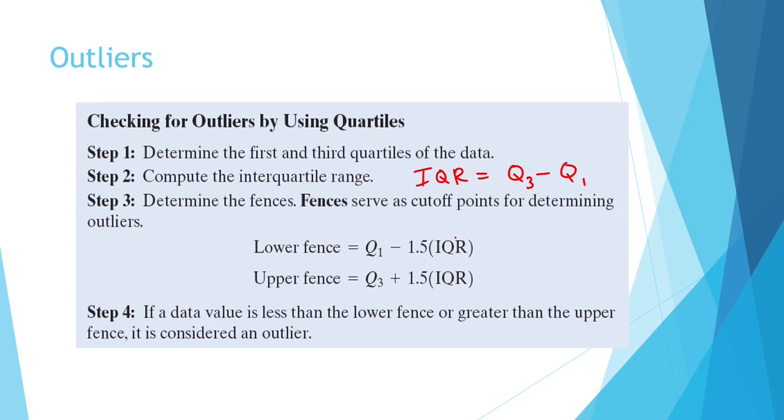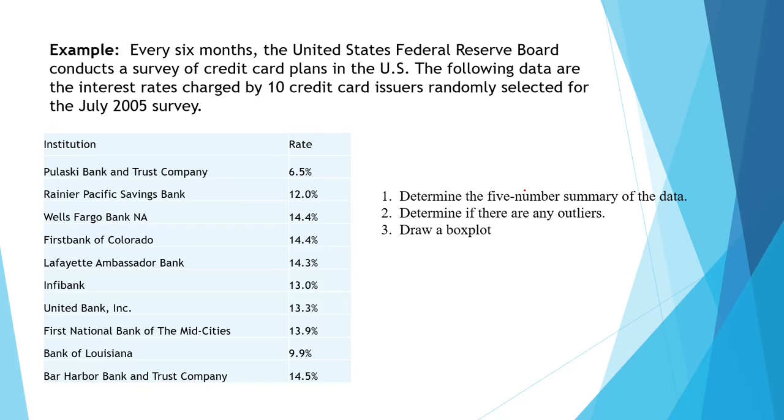Then we can determine the fences. The lower fence is equivalent to Q1 minus 1.5 times the interquartile range. The upper fence is equal to Q3 plus 1.5 times the interquartile range. If a data value is less than the lower fence or greater than the upper fence, it's considered an outlier.